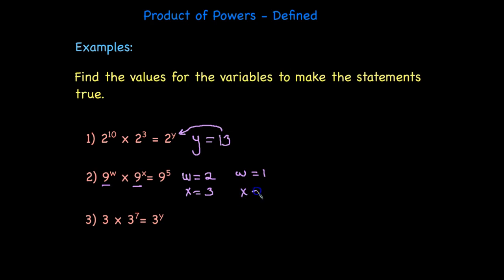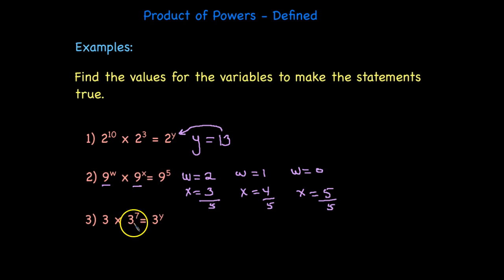Then we know that x has to be 4. No matter what, we have to total these in order to get 5, which is on the other side of our equal sign. We could also say if w was 0, then x could be 5. And we'll talk about the 0 exponent in a later lesson. So there's multiple answers for this one.